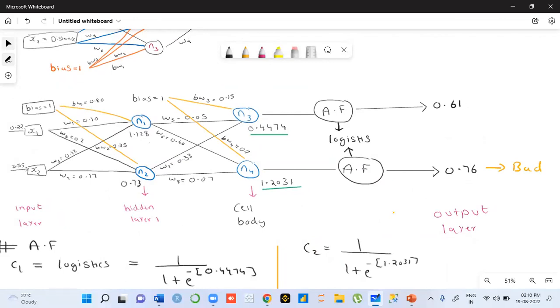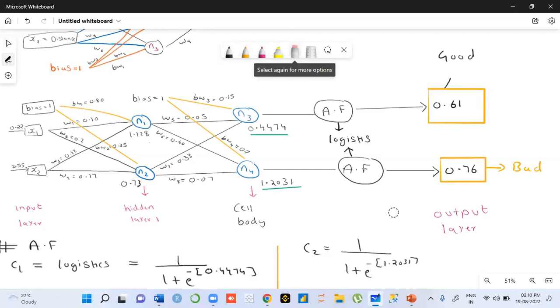Second method, shortcut method. What happened, guys? This matrix which we have on screen, please. This comes for good prediction probability and this comes for bad prediction probability. Whichever is the max, that is selected. Got the point? This is for bad customer.